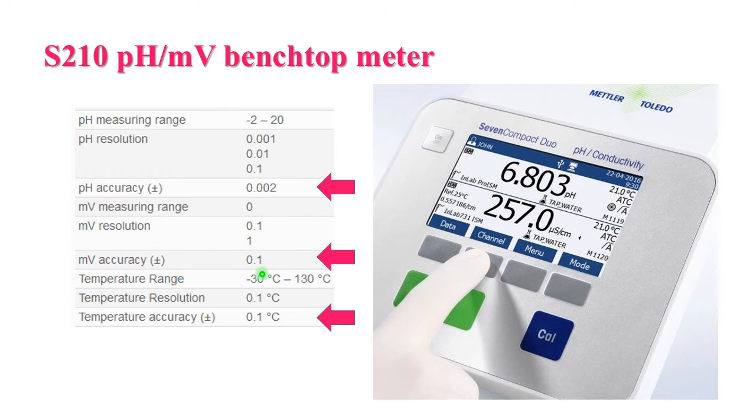And you can read millivolts with an accuracy of 0.1 millivolt. This device can also read temperature with relatively low accuracy, plus minus 0.1 degrees Celsius.